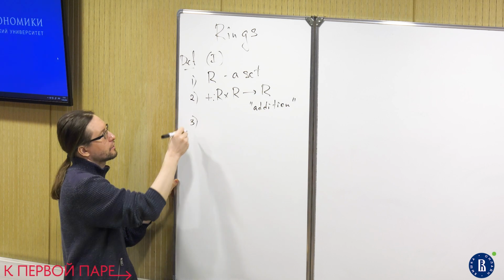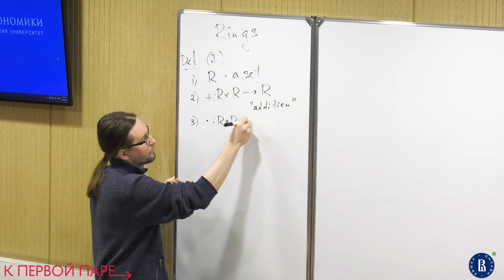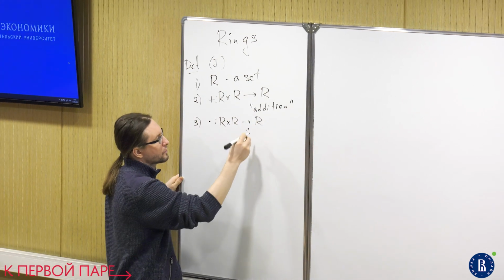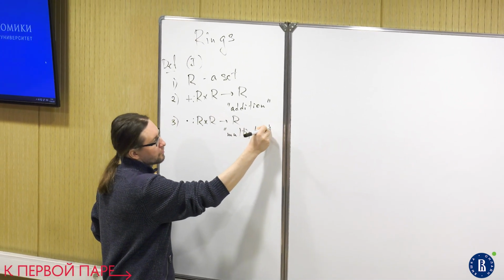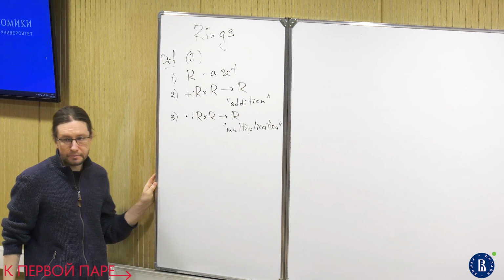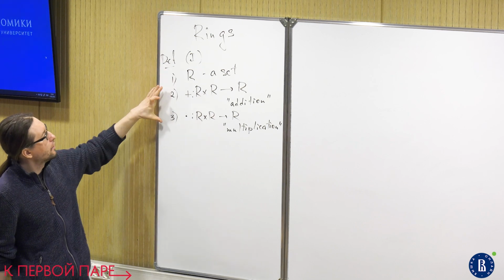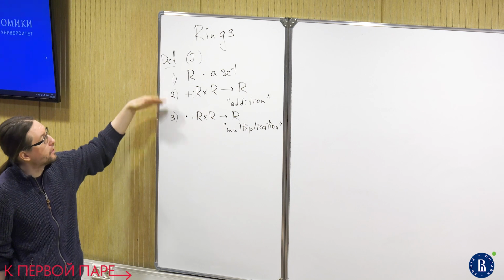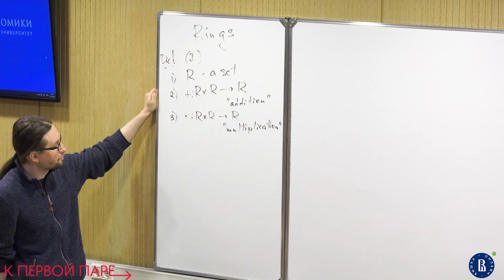And we have a second operation, which is denoted by the dot, and it's called multiplication. So this is the data. Basically, we're given a set and a pair of operations. Currently, there is no relation between these two operations. They could be any operations.